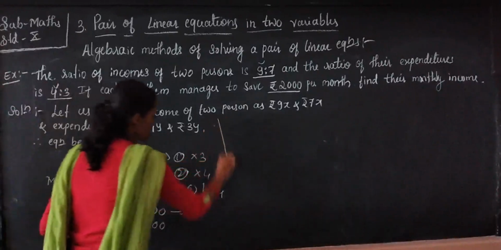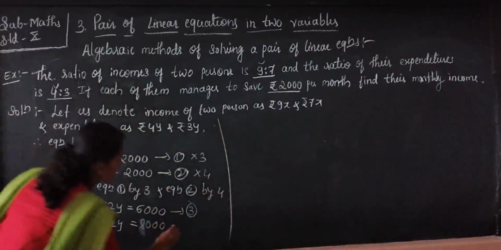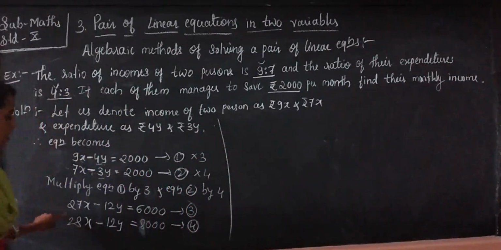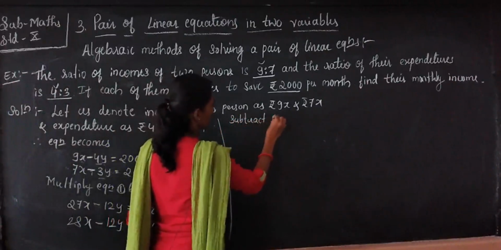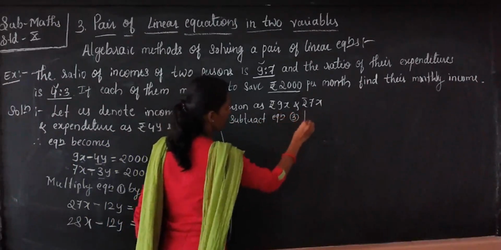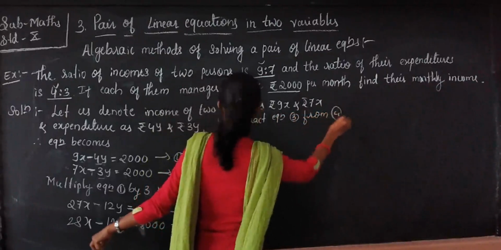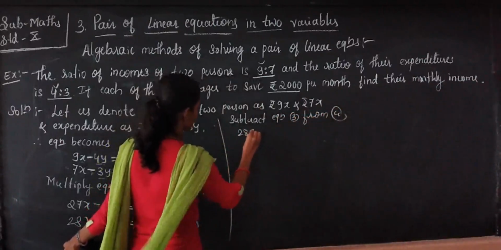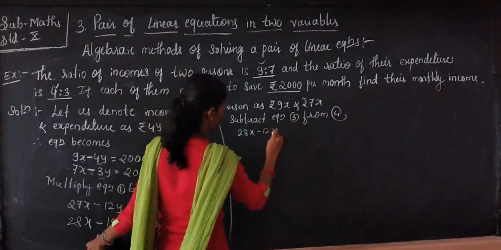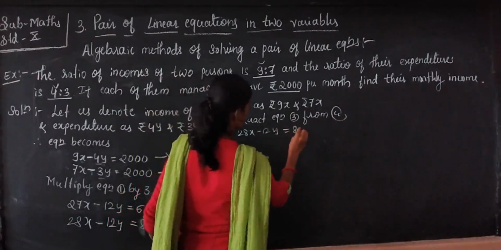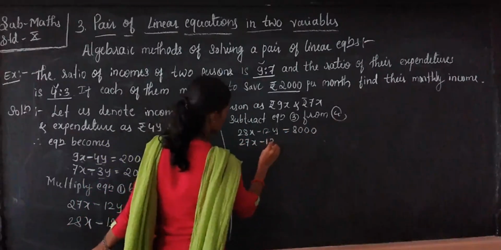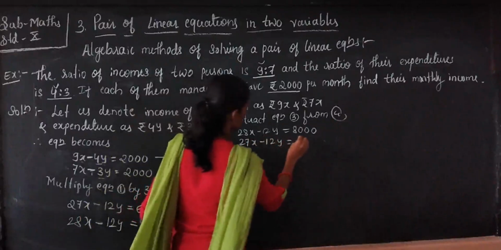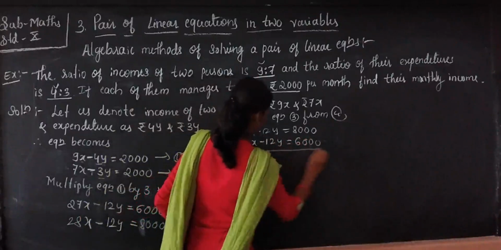So then consider this as equation number 4. Subtract equation 3 from 4. The fourth equation is 28x minus 12y is equal to 8000, and equation 3 is 27x minus 12y is equal to 6000.